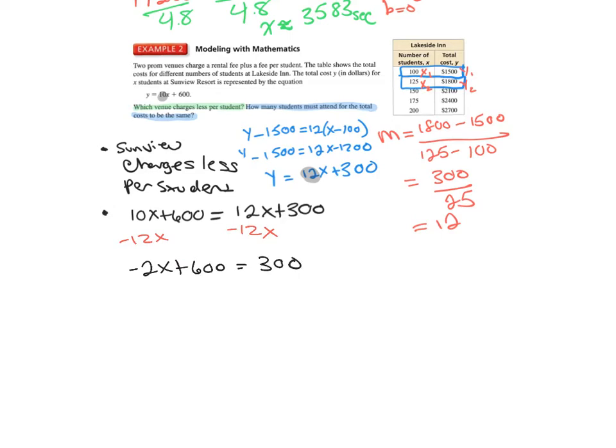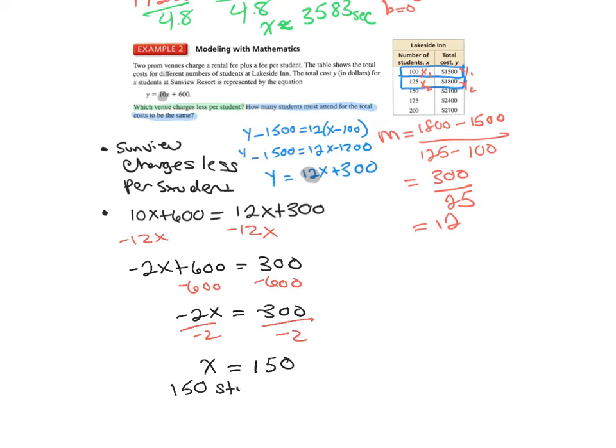We'll subtract 600 from both sides. So negative 2x equals negative 300. Divide both sides by negative 2. x equals 150. So the answer to that question, at 150 students, the cost will be the same.